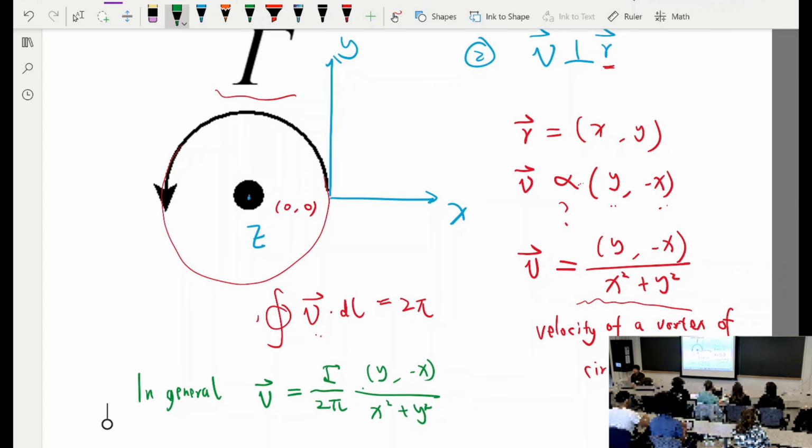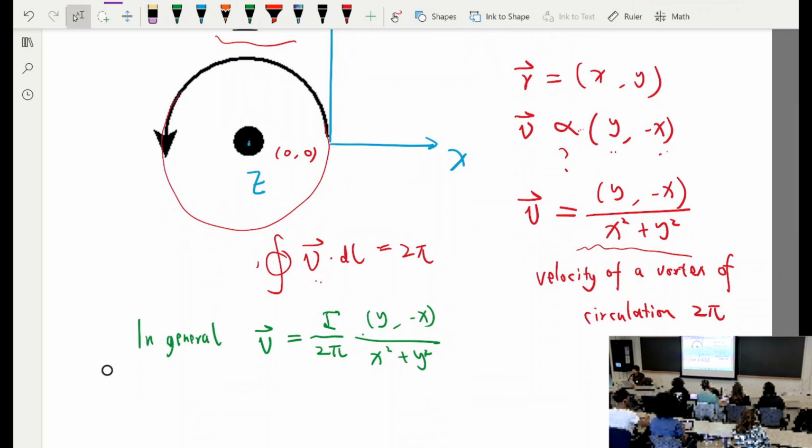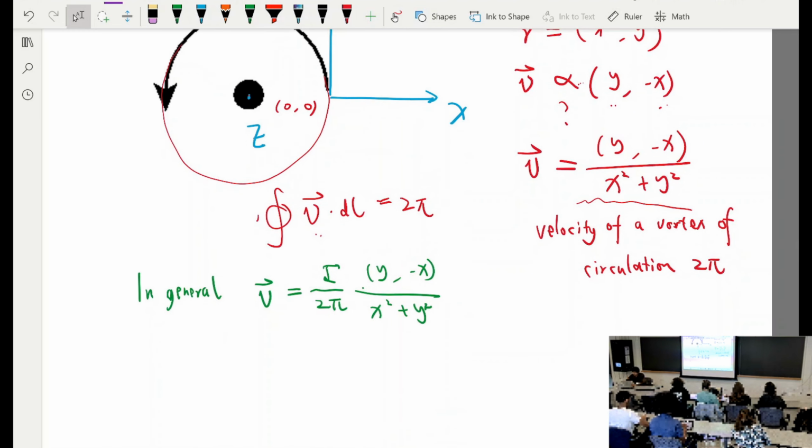So this is for a vortex centered around 0, 0. Now, more generally, that's the advantage of a Cartesian coordinate.